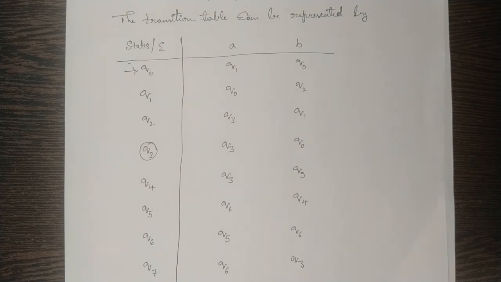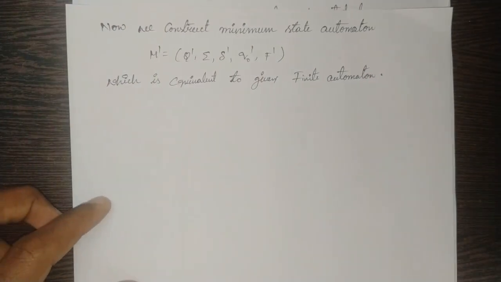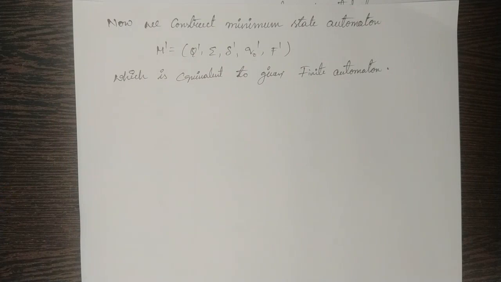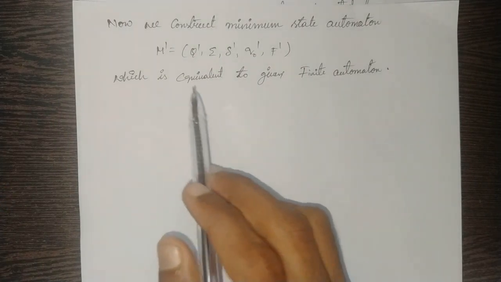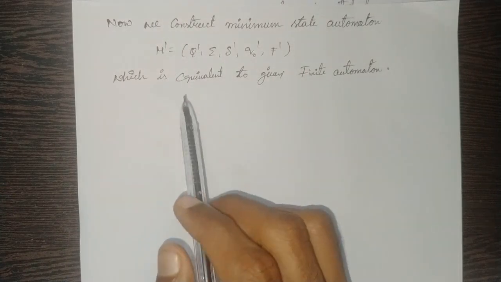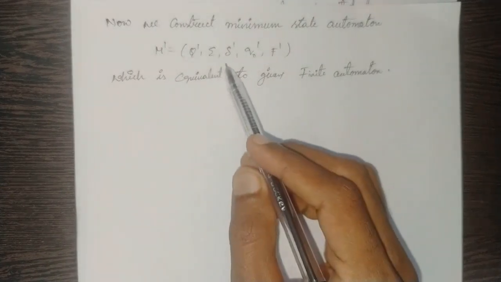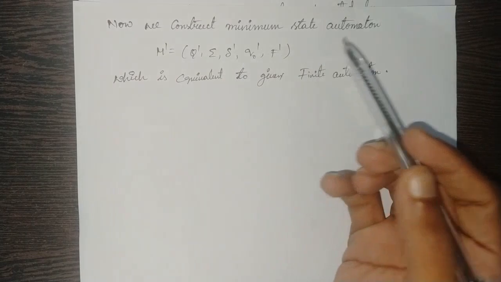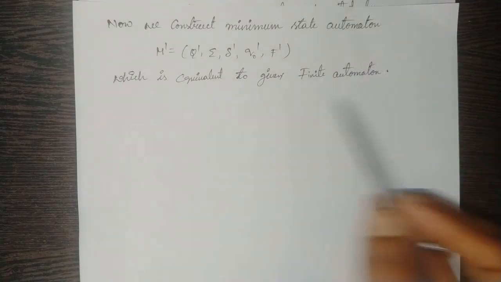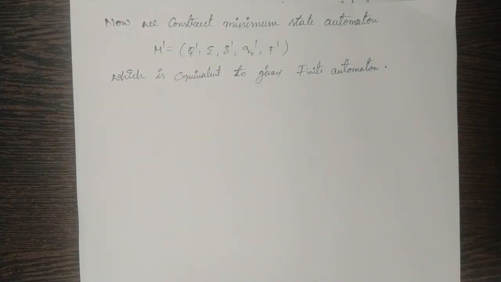Now we construct a minimum state automaton. It is represented by M dash, which equals Q dash, sigma, delta dash, Q naught dash, and capital F dash, which is equivalent to the given finite automaton.